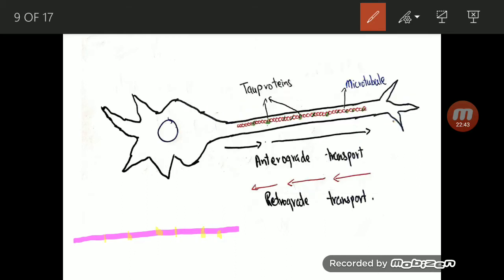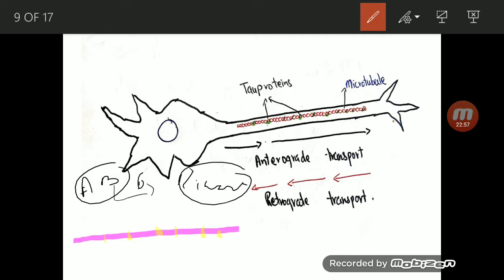Now in Alzheimer's disease, amyloid beta plaques are being formed in larger amounts. These amyloid beta plaques activate kinase enzymes. These kinase enzymes go and phosphorylate your tau proteins. Okay, tau proteins present here, tau proteins present over here.